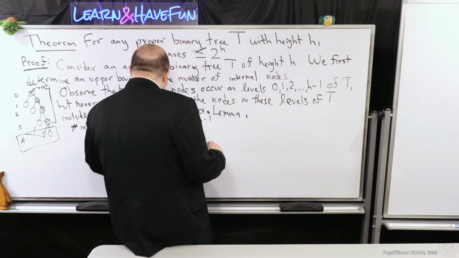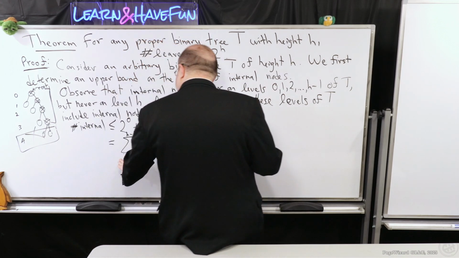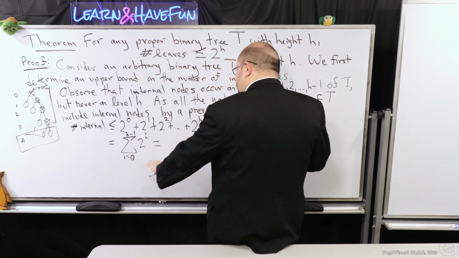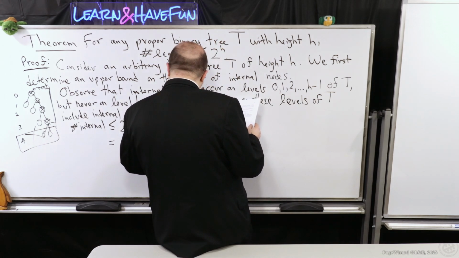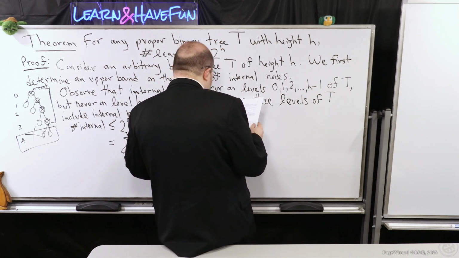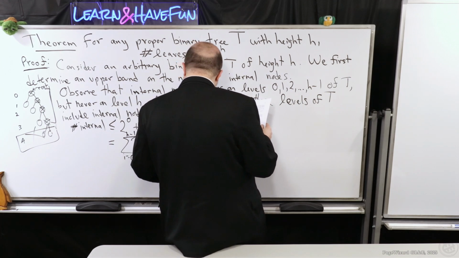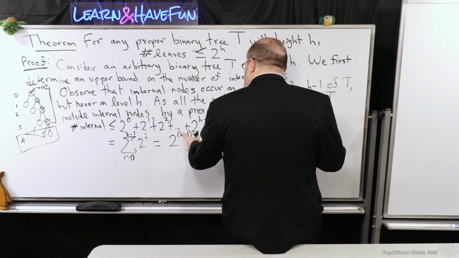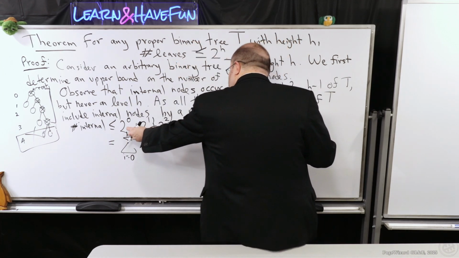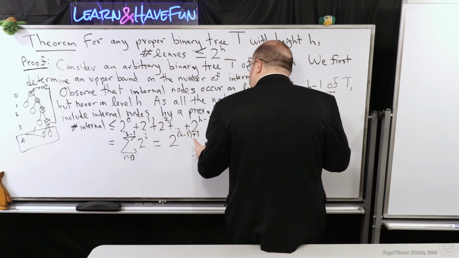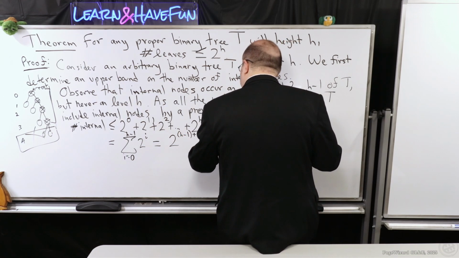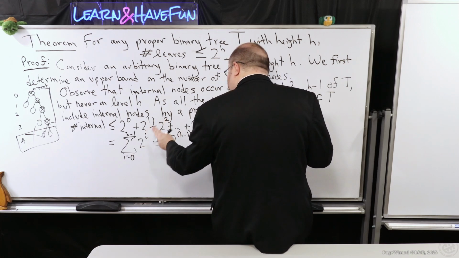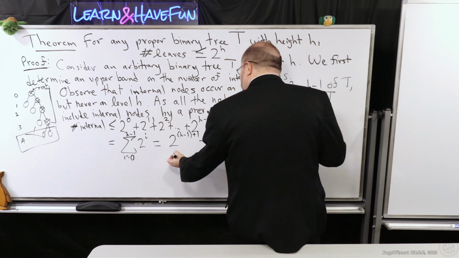Now, I'm not going to prove this, but you can prove that there's actually a closed form expression for this. You can use induction, for example, to prove it. It's 2 to the h, where you take whatever the upper limit is, put it right here, and add 1 to it, and then in this particular case it'll look like this.